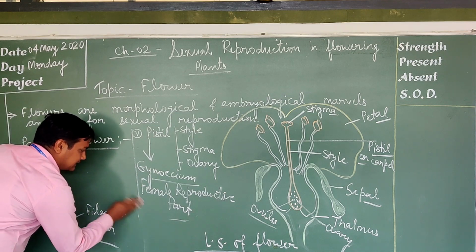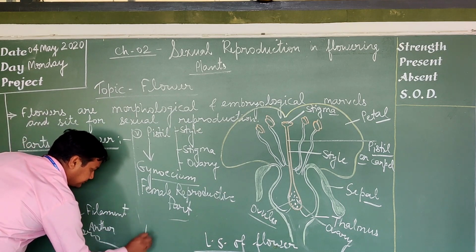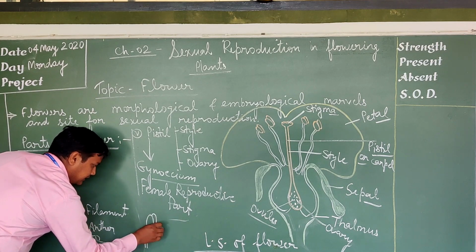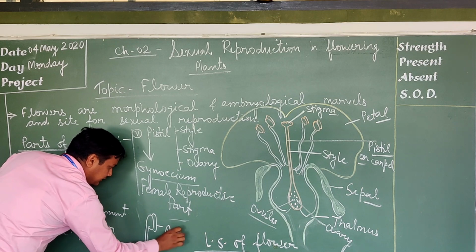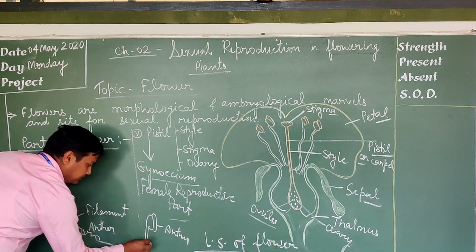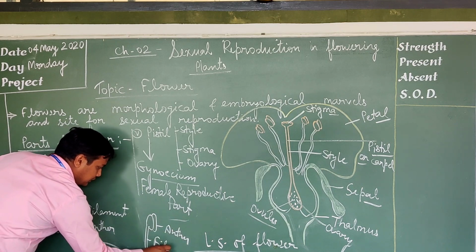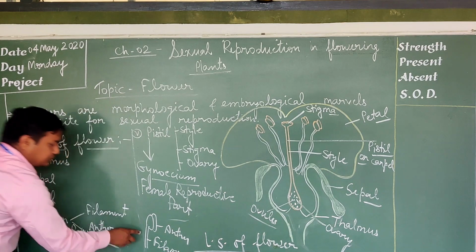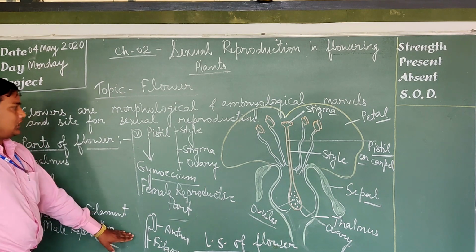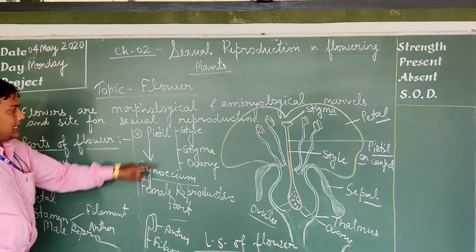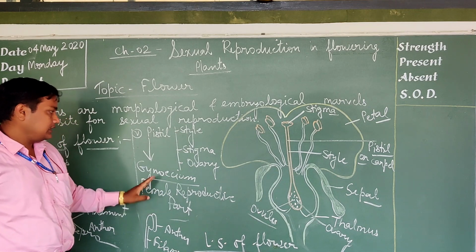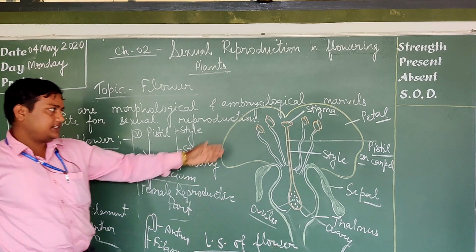If we look at the structure of the anther, the anther is bilobed and this is the filament. Collectively it is known as stamen or androecium. And the pistil is divided into three parts: style, stigma, ovary, and it is also known as gynoecium.